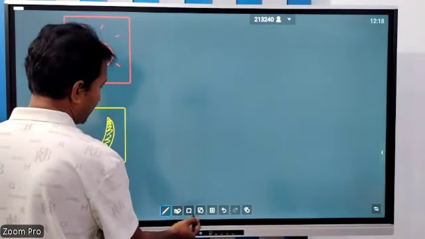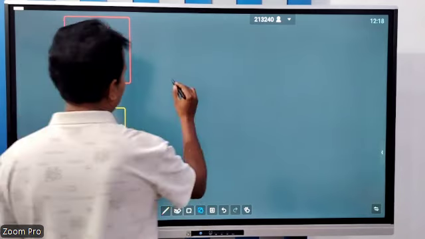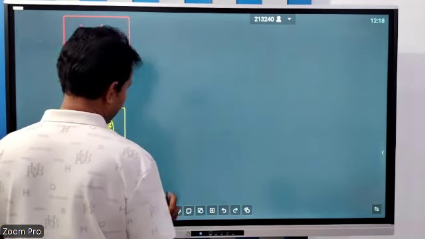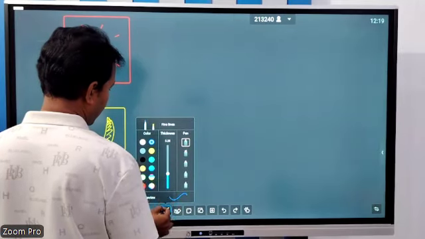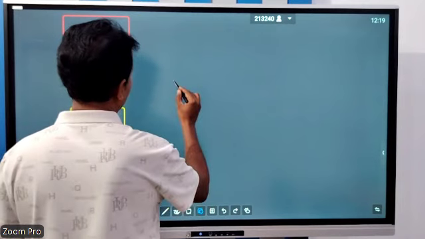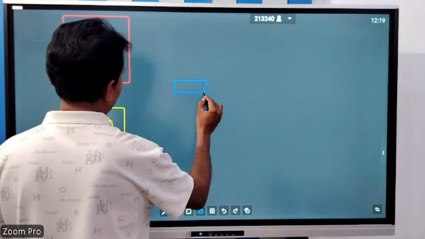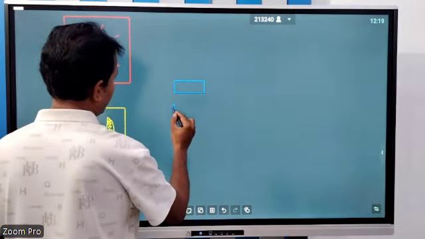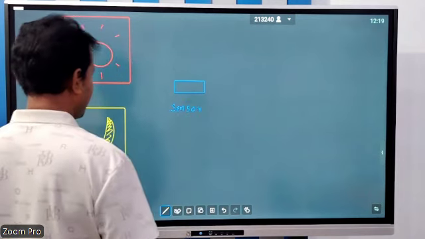In the middle of this, there is a sensor, right?